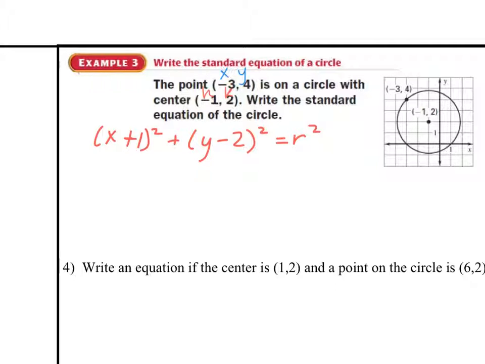Your -3, 4 will go for x and y. So I will put -3 here and 4 here.